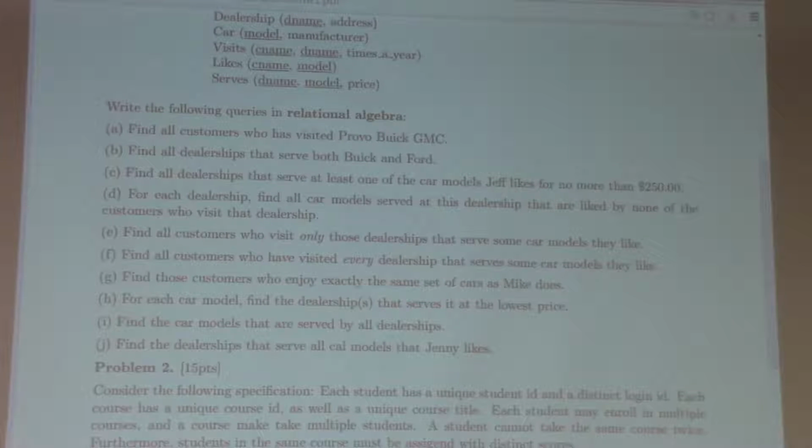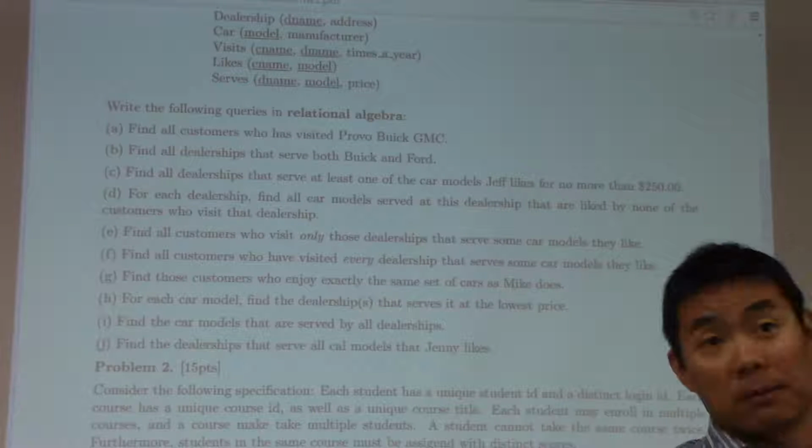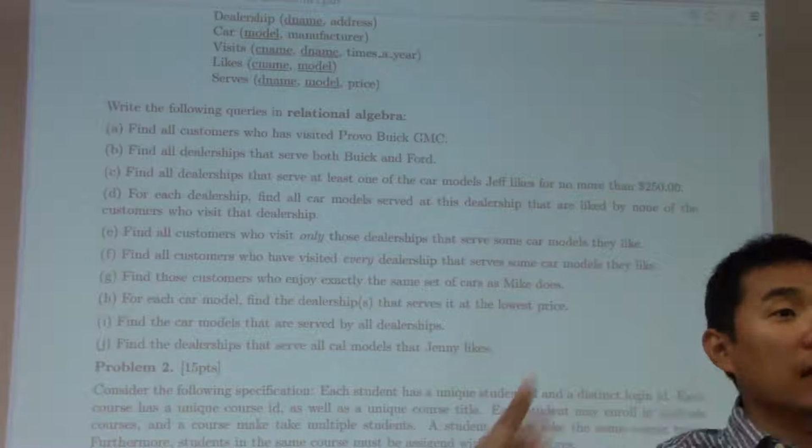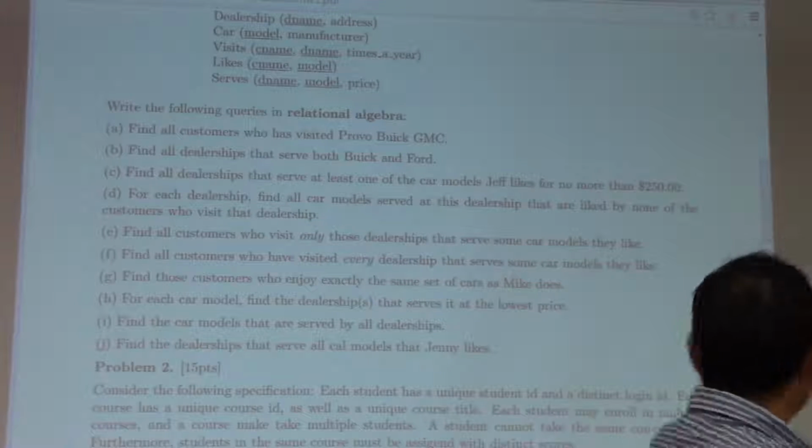You visit only those doesn't mean you have visited all of them. It only says you don't visit other dealerships that serve no car you like. For the dealerships that do serve some car you like, you don't have to visit all of them. You just need to visit some of them. As long as you haven't visited any dealership outside that range, then you're fine. You will be qualified as a customer for E.